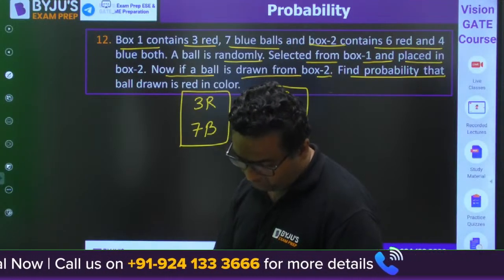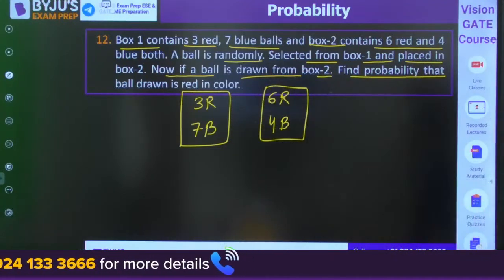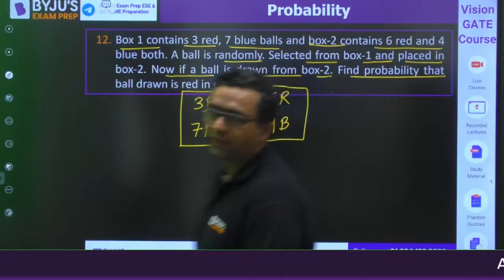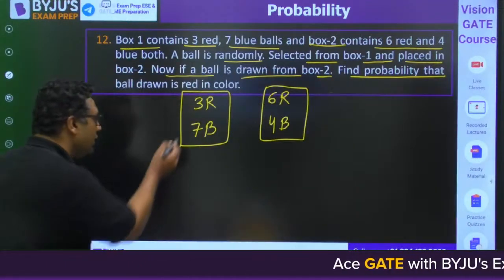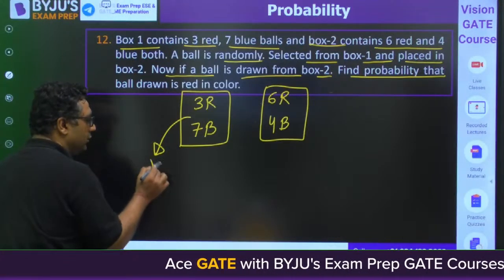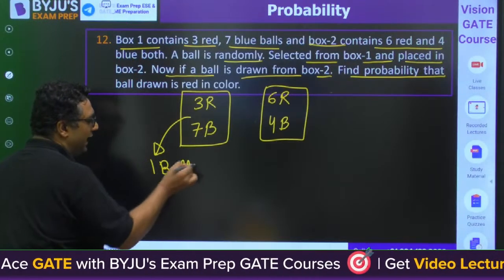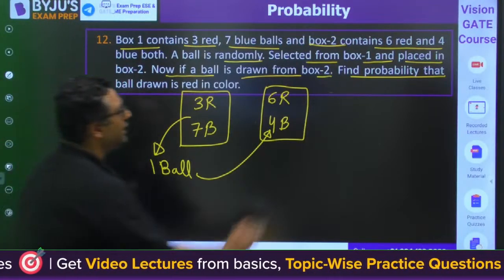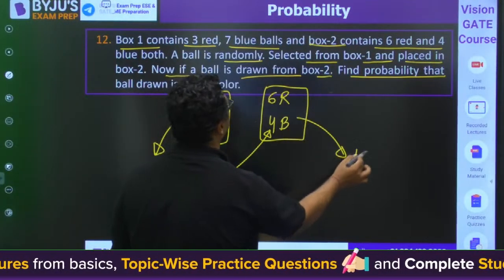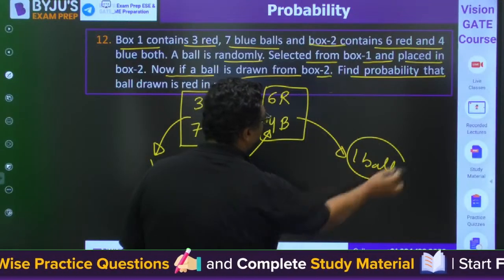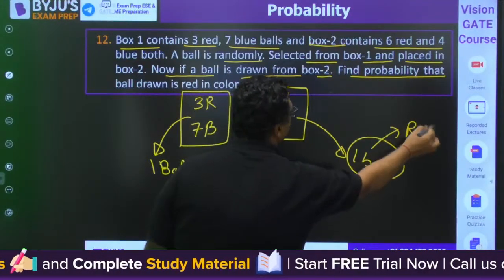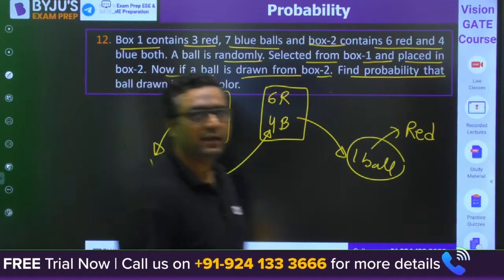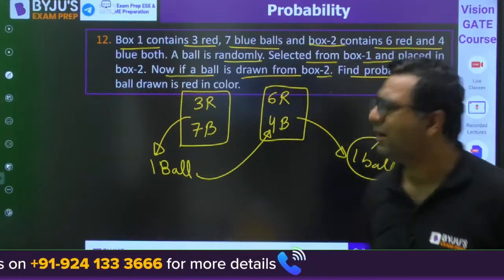We are left with 5 more questions. Solve it, guys. So we have taken one ball from here and we put it in this. Then we are taking one ball from here. And what is the probability that this is red? We need not have any formula for this.